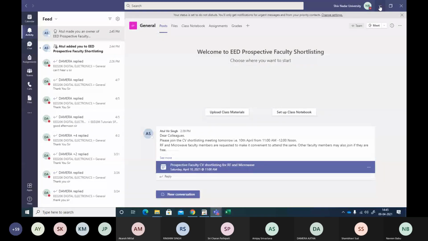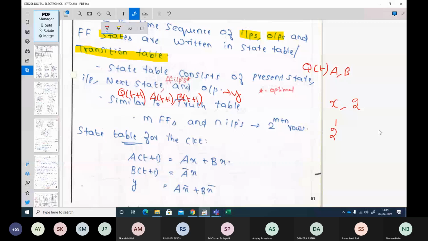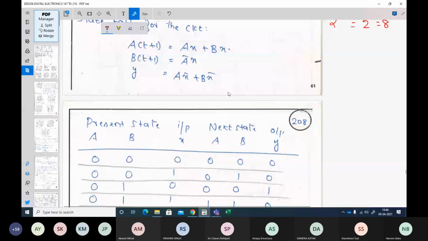Okay, so your input is 1 and the flip-flops that you have is 2. So it is 2 power 3, which means you will have 8 rows in the state table. So quickly let us see how to create a state table. So this is how your state table will be. You will have the present state, you will have the inputs.